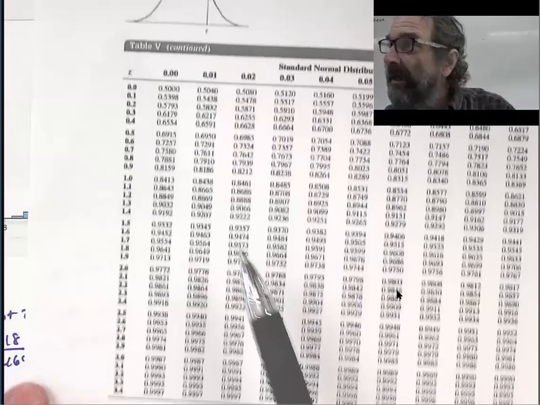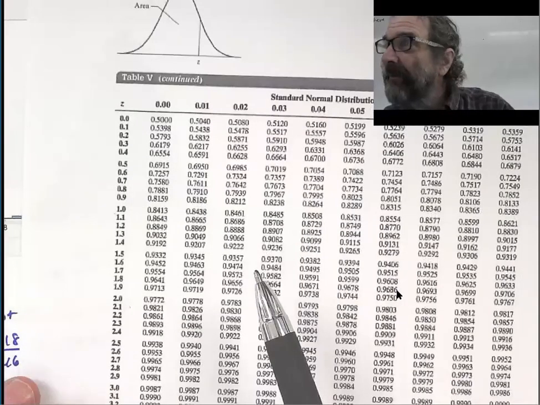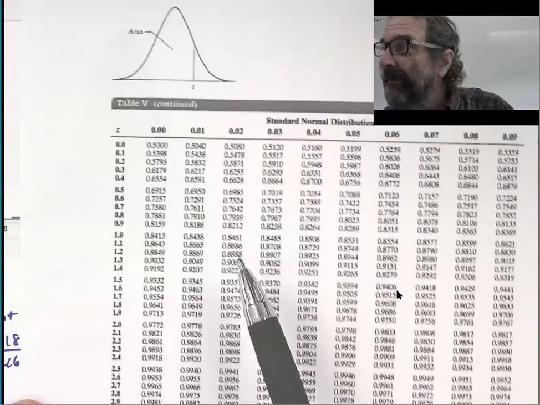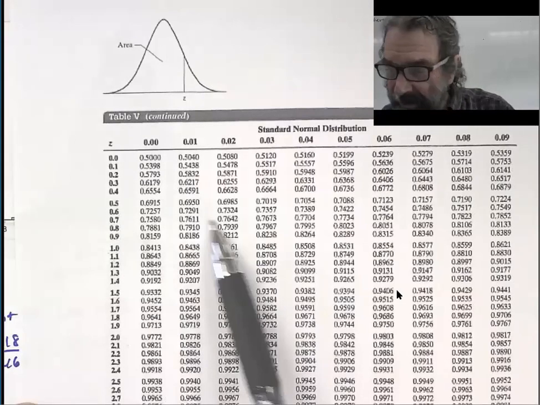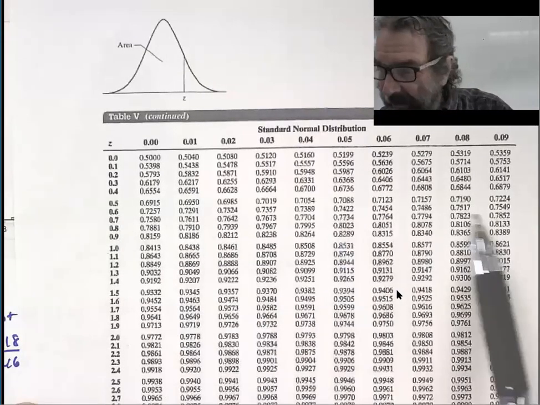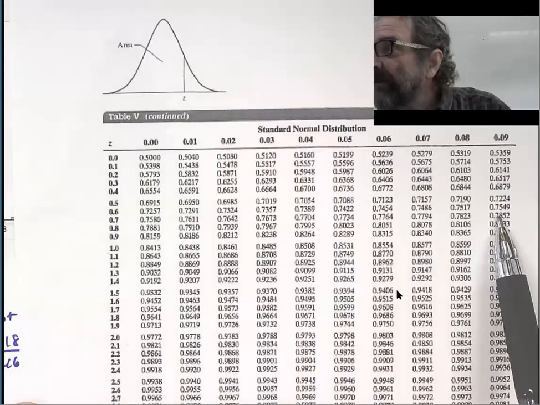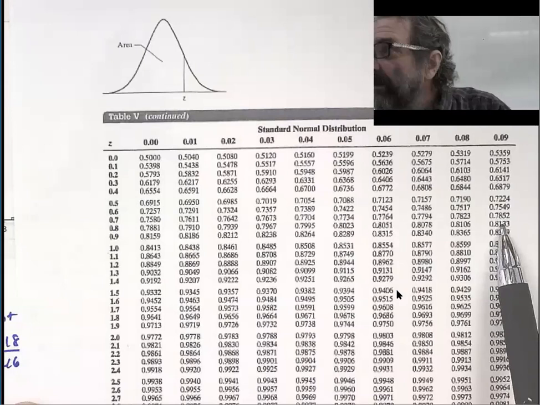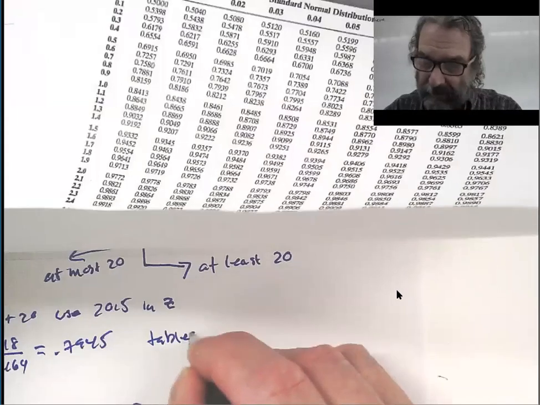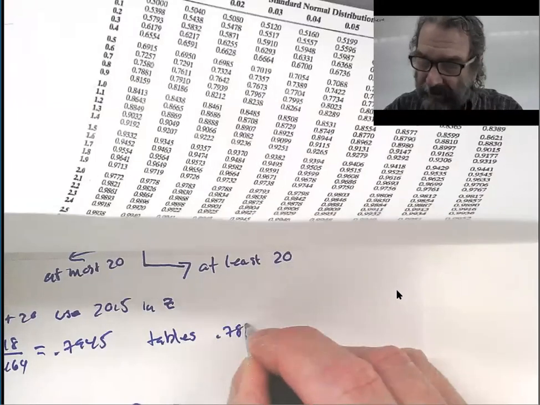So 0.7's here, 0.79, slide all the way over here, 0.09 on top. Come down here. We're at 0.7852. The tables give 0.7852.